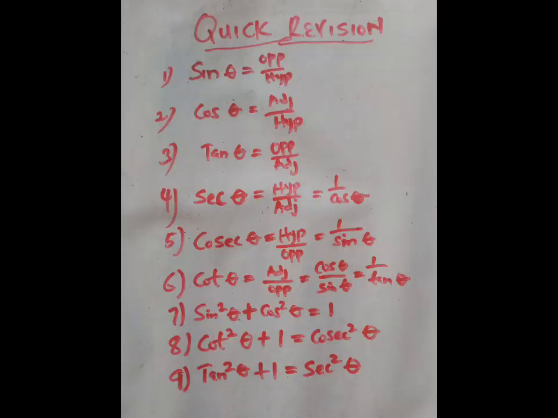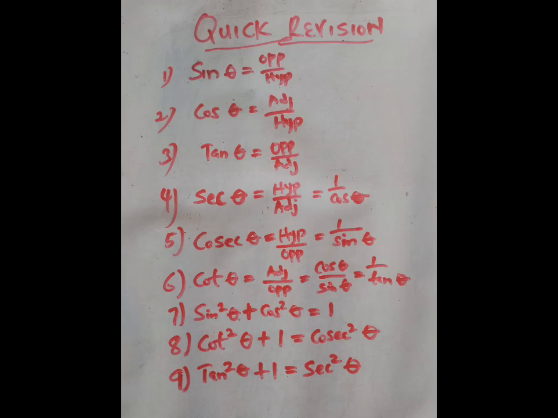So now let's look at a quick revision of identities, because you must acquaint yourself with all these identities before you can solve questions on trigonometry. Sin theta is opposite over hypotenuse. Cos theta is adjacent over hypotenuse.